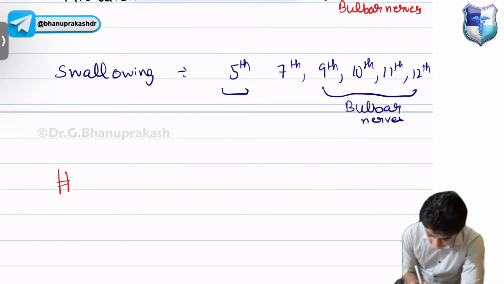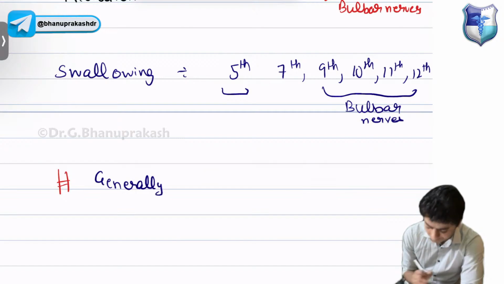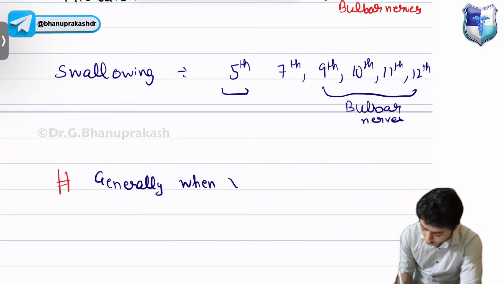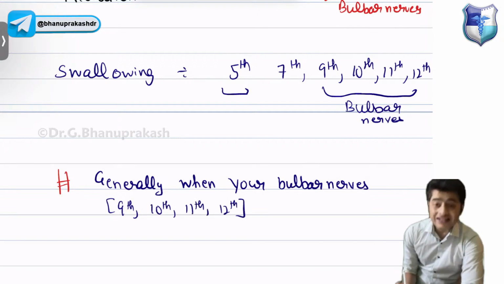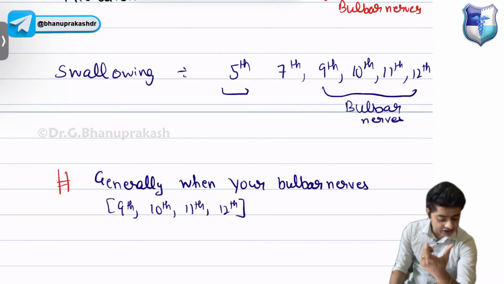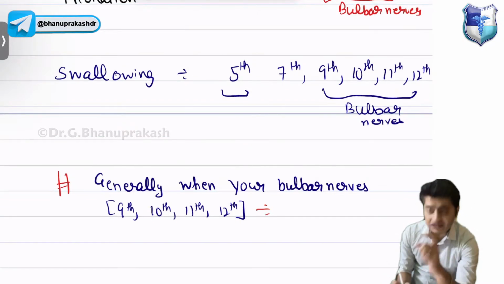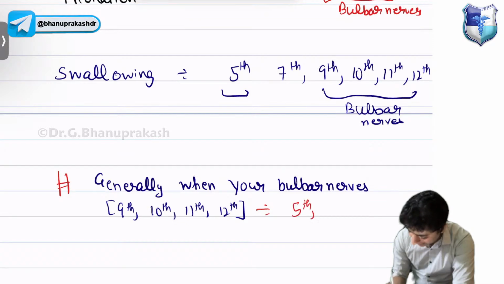So generally, we have seen one thing. Generally, when your bulbar nerves, that is your 9th, 10th, 11th, and 12th, are damaged, your fifth and seventh nerve are also involved.